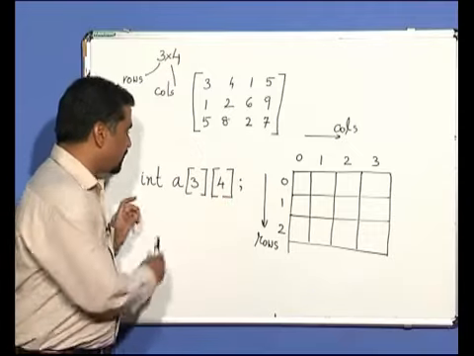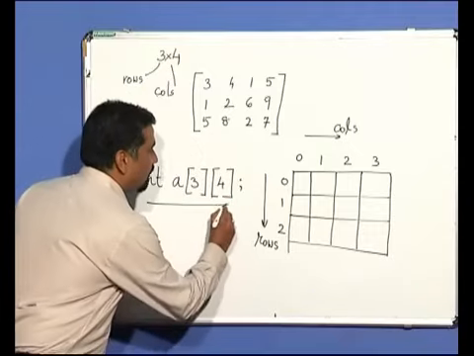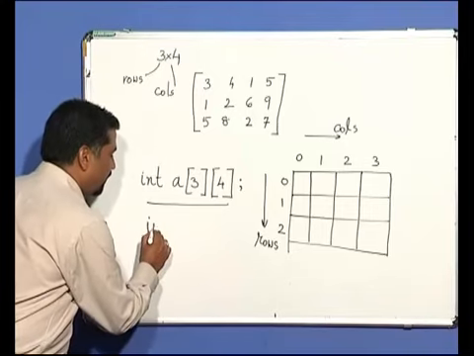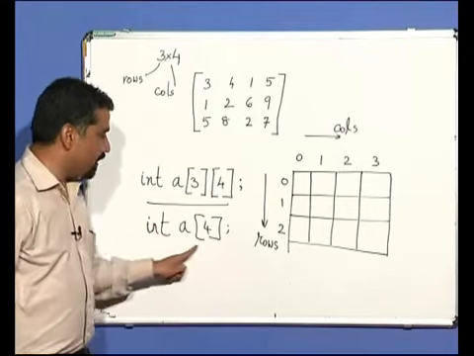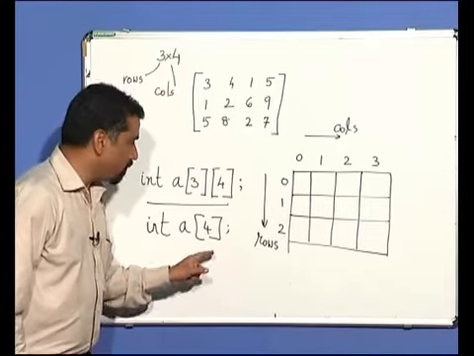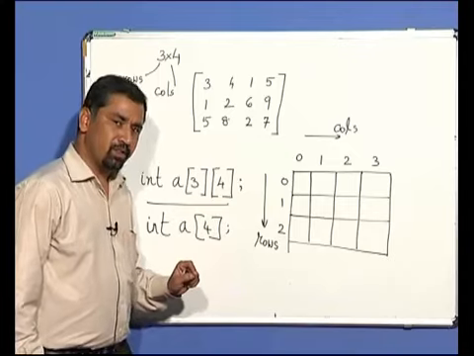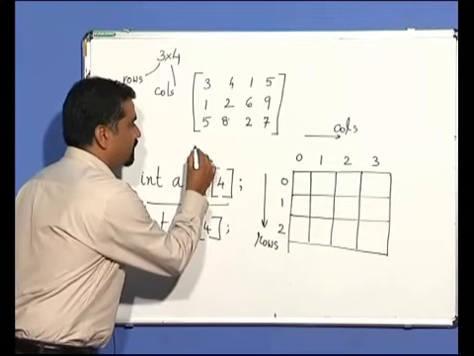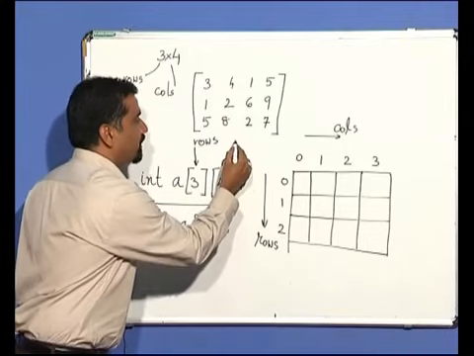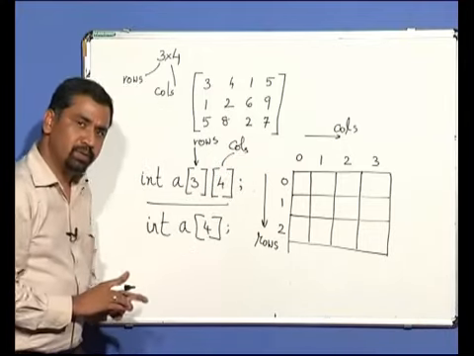For example, this is how you declare a two-dimensional array. Contrast that with what we have declared earlier. This is a one-dimensional array. You see one set of square brackets is there, whereas here you have 2 sets of square brackets. One specifies the number of rows, the second dimension specifies the number of columns.